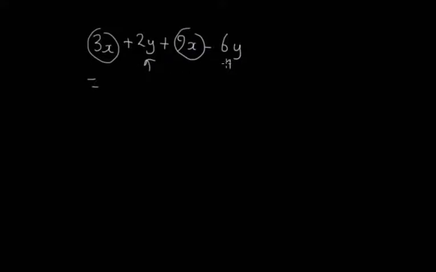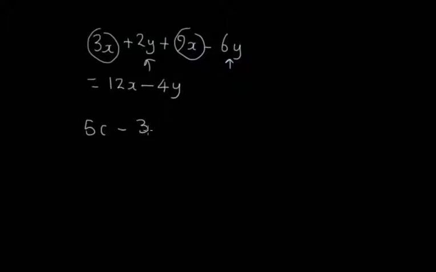This is all to do with y's. So 3x plus 9x is 12x. 2y, now this is minus 6y, so 2 minus 6 is minus 4y.